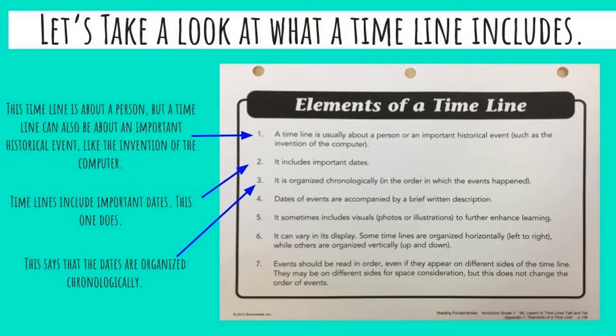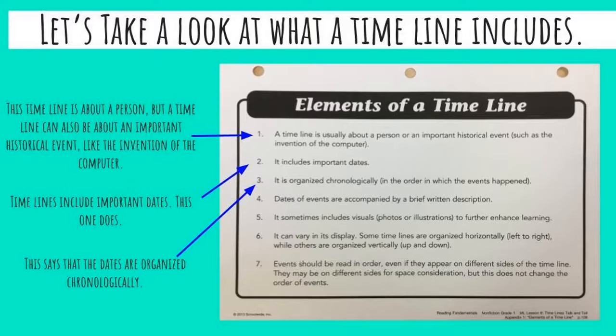Number 3 is organized chronologically, in the order in which the events happened. So it's done by dates. Remember that big word? Number 4, dates of events are accompanied by a brief written description. That means next to the date, there's going to be a sentence that tells about the important time in that person's life. Number 5, it sometimes includes visuals, photos, or illustrations to further enhance learning.